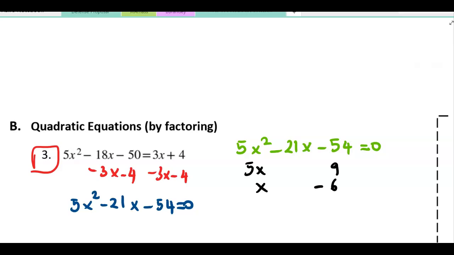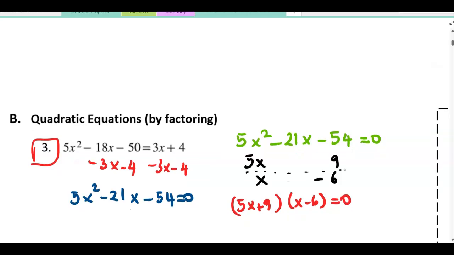So that will work. Then I can write it like a line there, if you will. At the top of this line, 5x plus 9, and at the bottom, x minus 6, that is equal to 0.